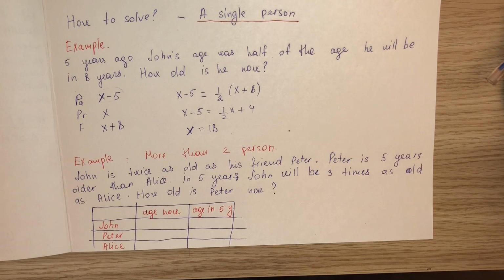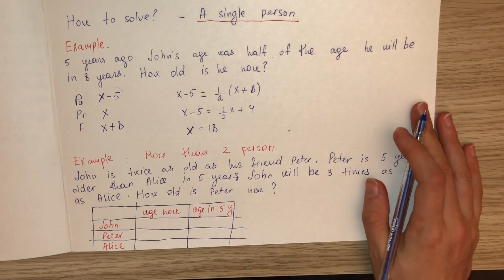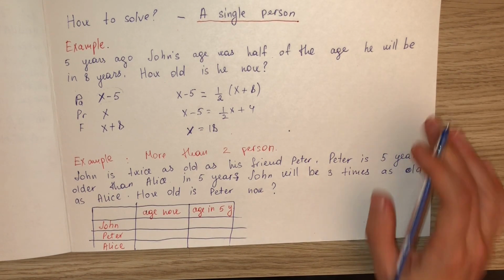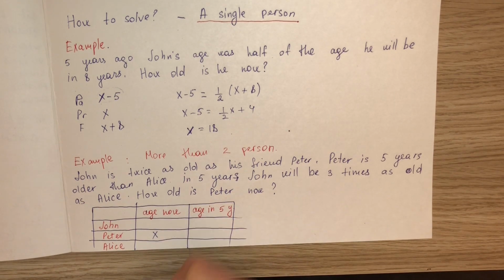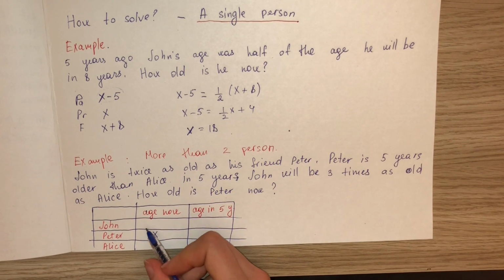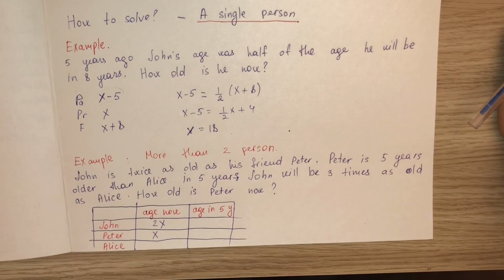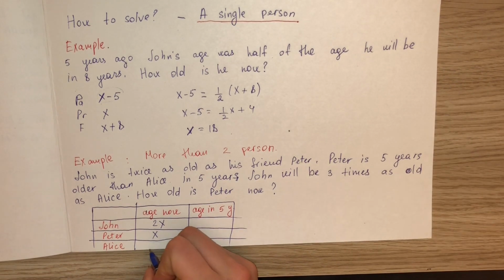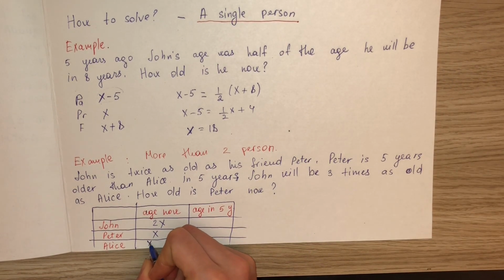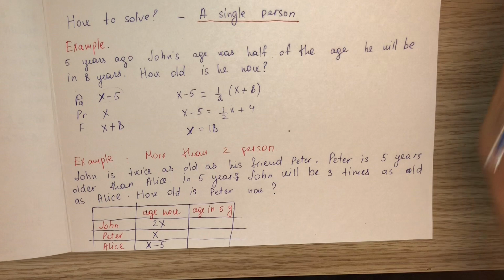So John is twice as old as his friend Peter. Let Peter be X. Then John is twice as old as X. Peter is 5 years older than Alice. So Alice is X minus 5.